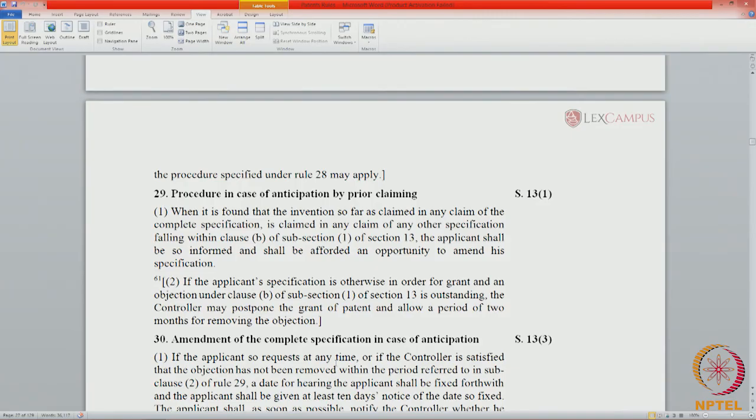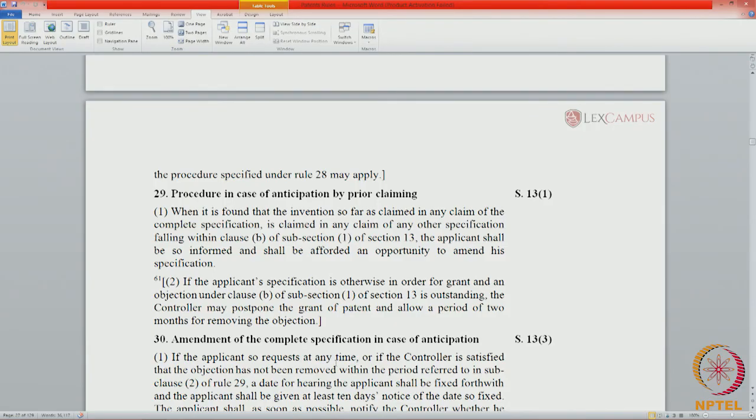And we saw that the objections could be any adverse finding or requirement of amendment. So, the objection is communicated, the reply is given, then a notice is called for and a hearing. This procedure will be the same regardless of whether it is an objection under section 13, anticipation by prior publication, or whether it is an adverse finding or the examiner makes a requirement for amendment.